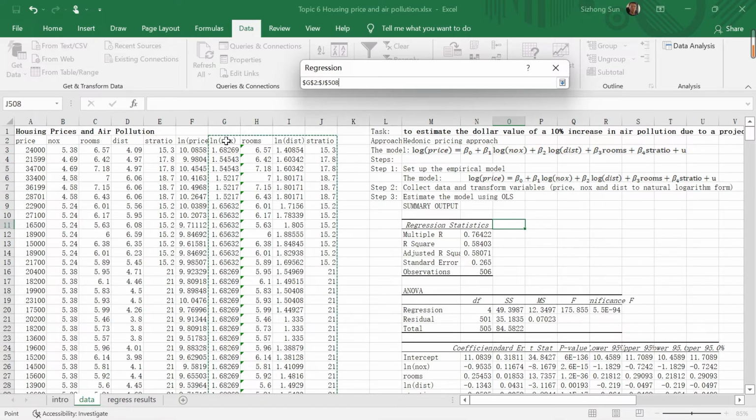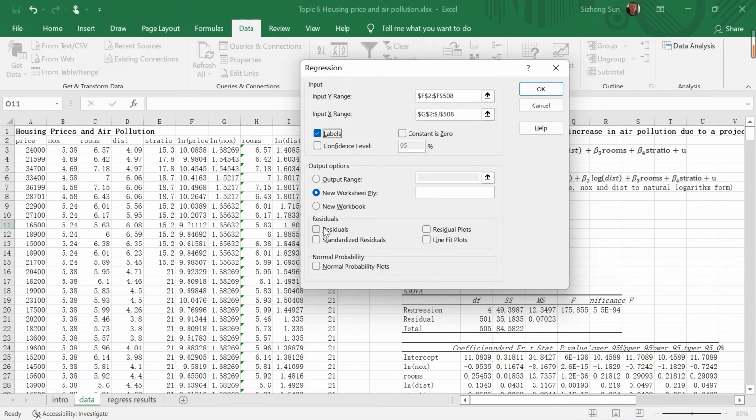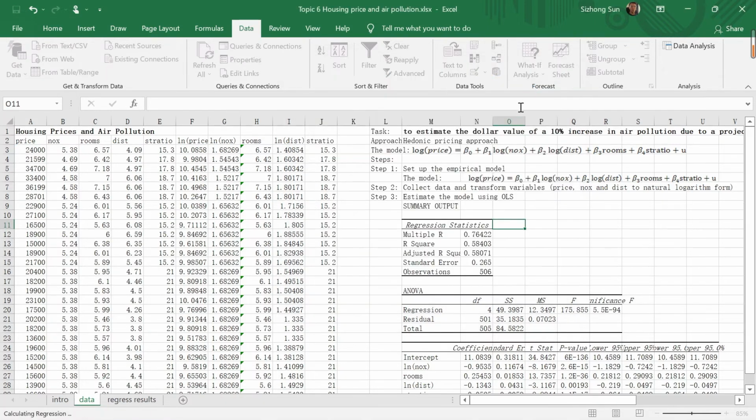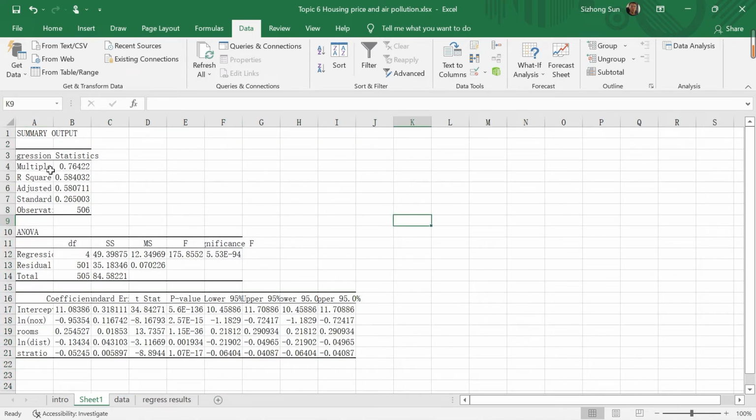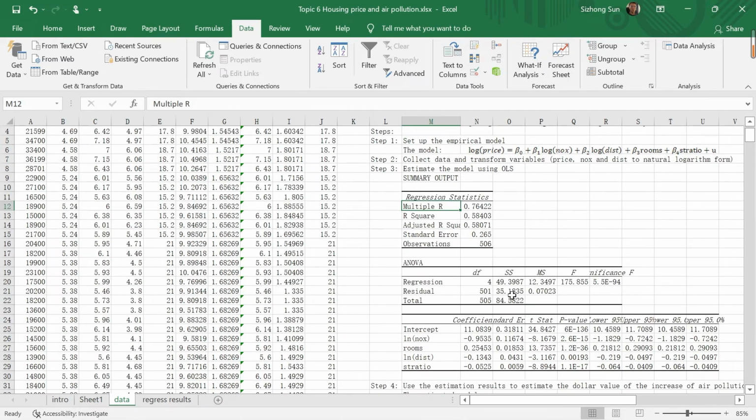Notice that my selection includes the labels, so I'm going to tell Excel that's the case. I'm going to output the OLS estimation results to a new worksheet. There you go. That's the estimation result, the same as here.